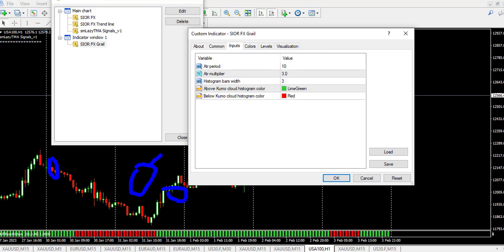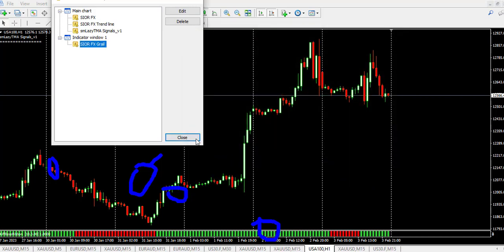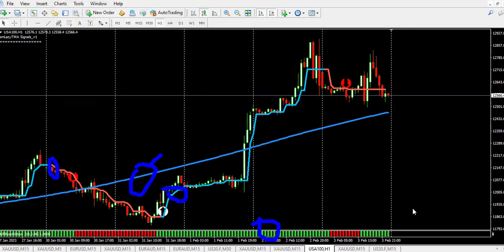This is the indicator that has a histogram here. After you set everything up, you just click OK, and this is all the indicators I use for this MetaTrader 4 strategy. It is profitable.